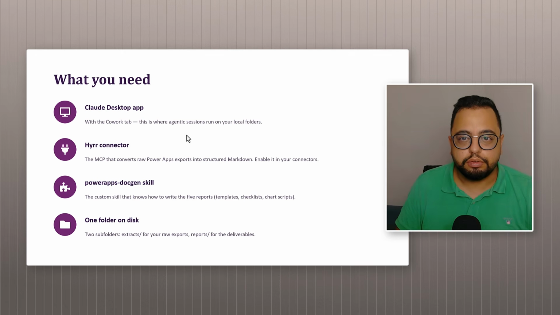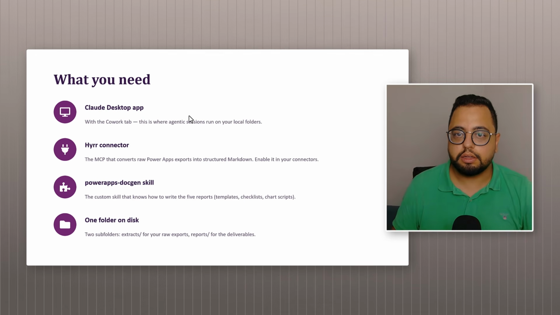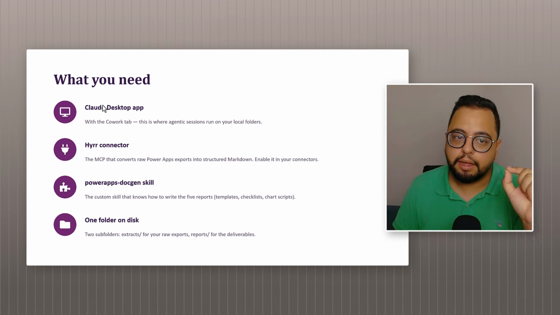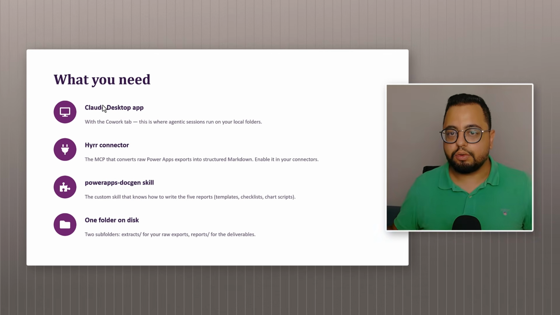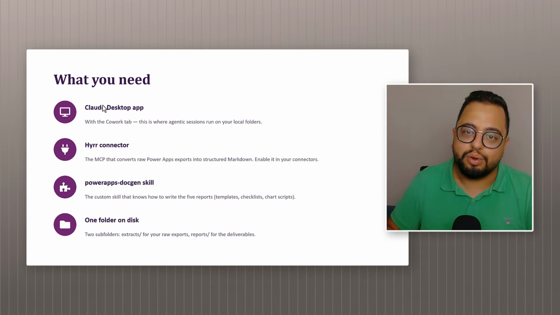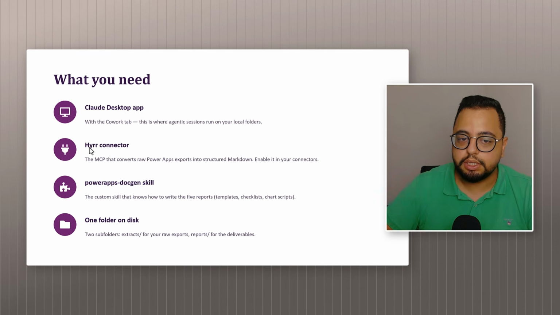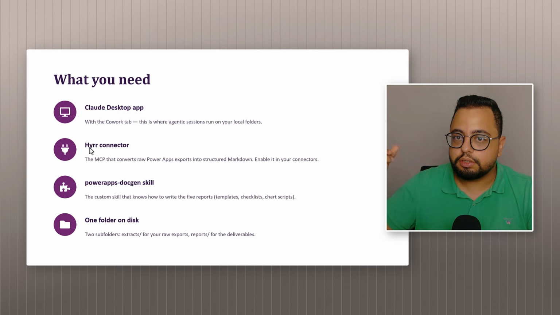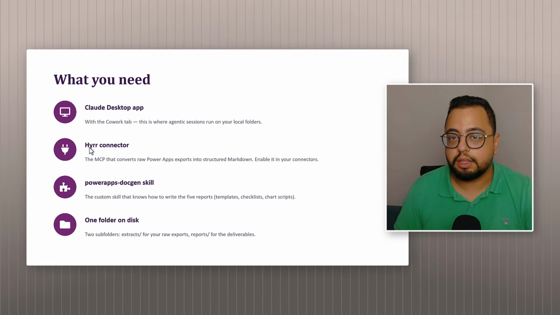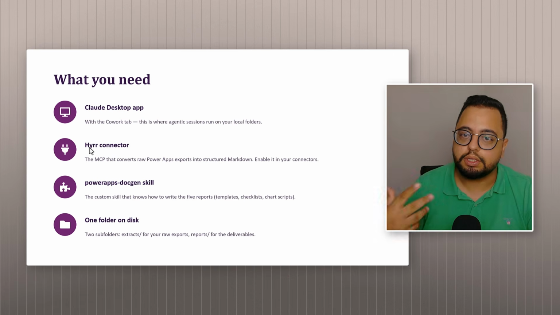So here is what you need to create this pipeline. You will need the Claude desktop app, which I think a lot of us are already using today. You will need the Hire connector, which is the MCP that will let us convert the Power Apps into a structured markdown file that Claude can work with and use.